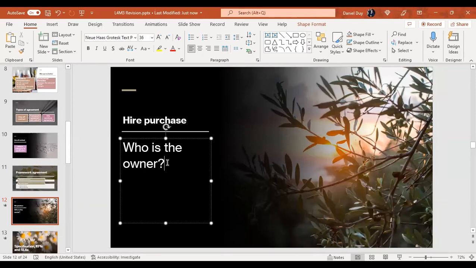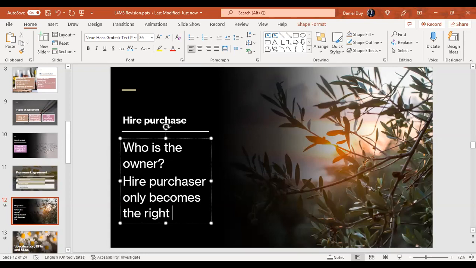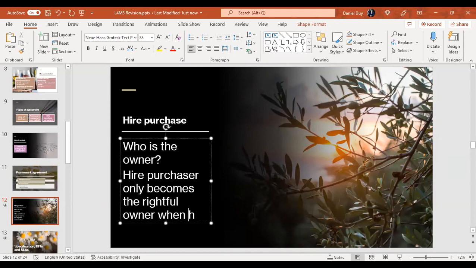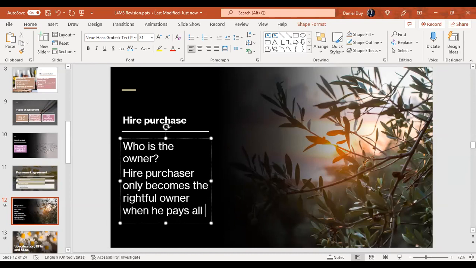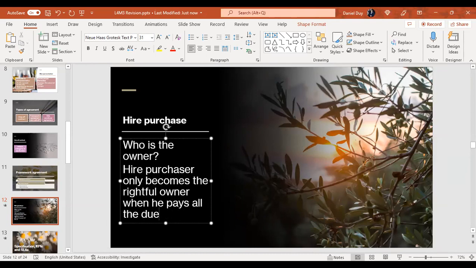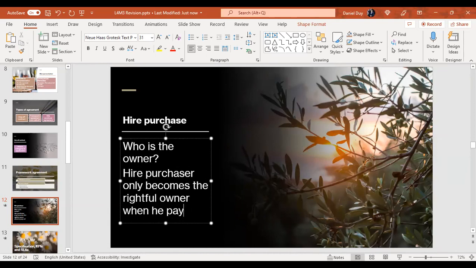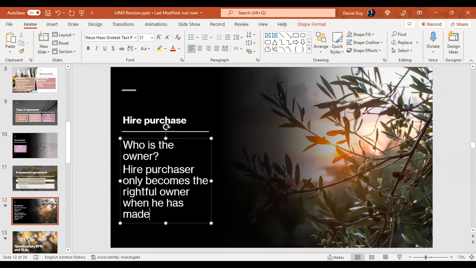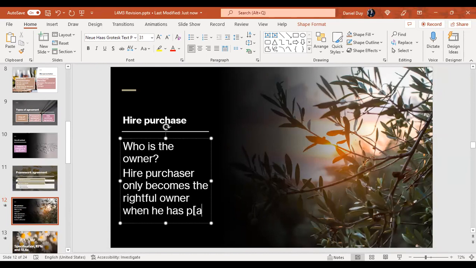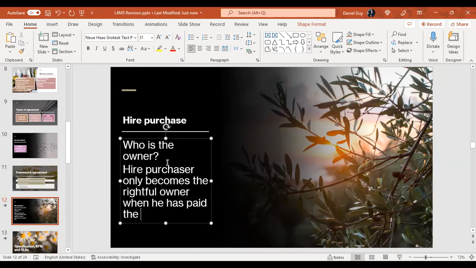And in a hire purchase agreement, the buyer, or the hire purchaser, only becomes the rightful owner when he has made all the due payments, or when he has paid the price in full.